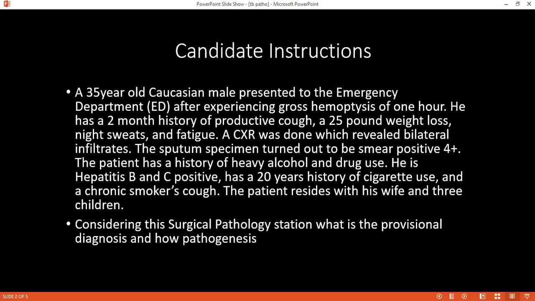It's labeled as biohazard Category B, UN 3373. What culture media is used? It can be solid media, Lowenstein-Jensen media, or liquid media, which is BACTEC media.